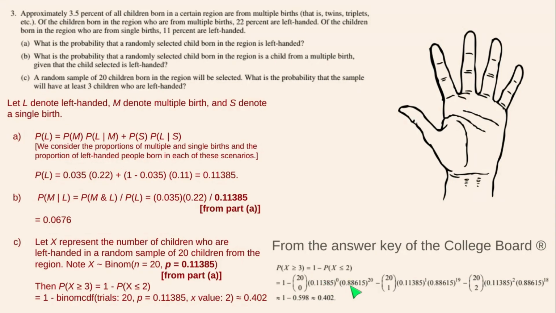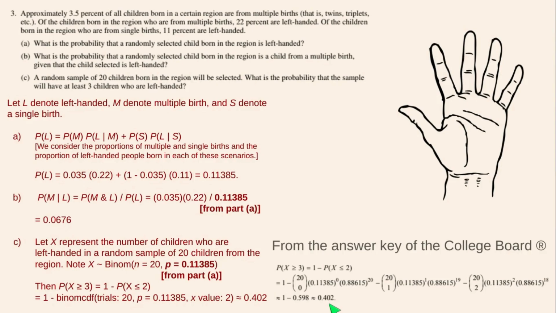And we have 20 choose 1, same deal, odds of success to the first power, odds of failure to the 19th power. And then we have 20 choose 2, and we have the odds of success squared, odds of failure to the 18th power, right? That's going to be 1 minus 0.598, which gives us the same answer as over here.